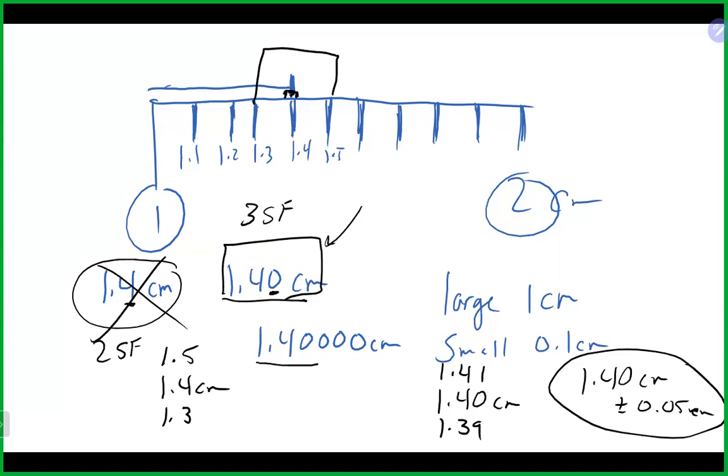So you want to make sure that if you're able to, like in this particular ruler, take it to the 2nd decimal place and it's right on a number, you do need to put a 0 in there to maintain the proper number of significant figures and not make your measurement worse than it should be based on the equipment that you're using. Any questions on that?